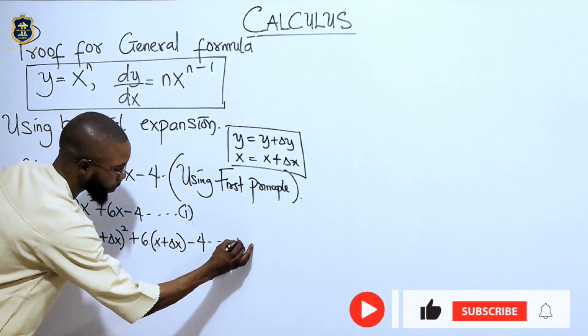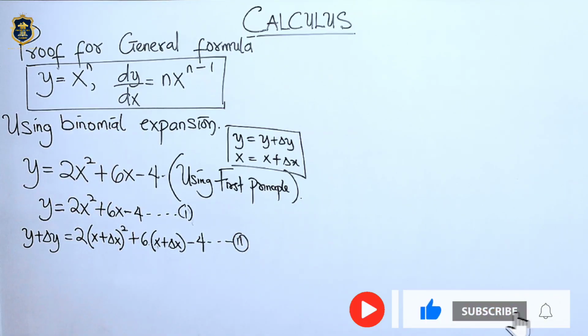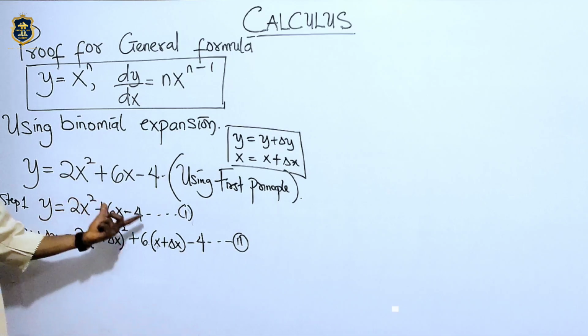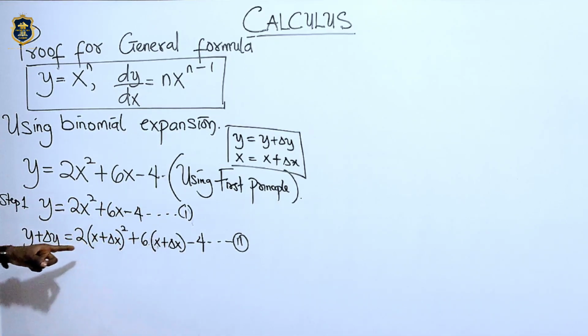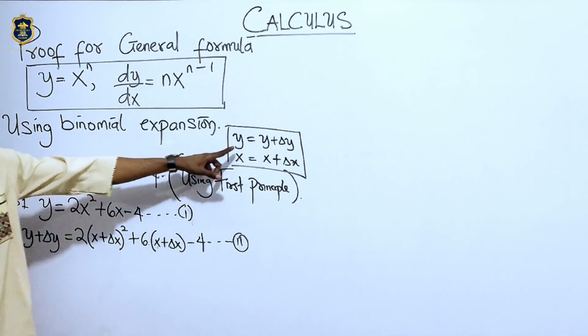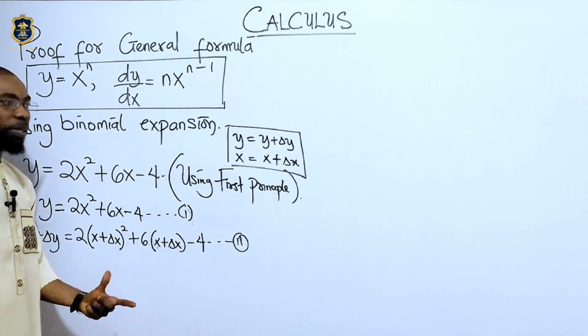This becomes our equation 2. That's the first step. So step 1 is that we form 2 equations, one carrying the main, and then the second equation where we replace y with y plus delta y, and anywhere we see x, we replace x with x plus delta x.